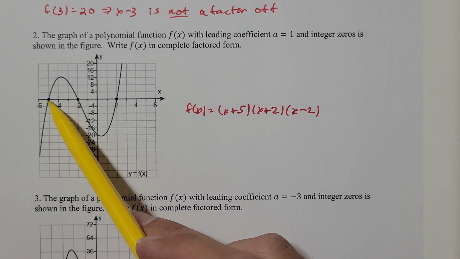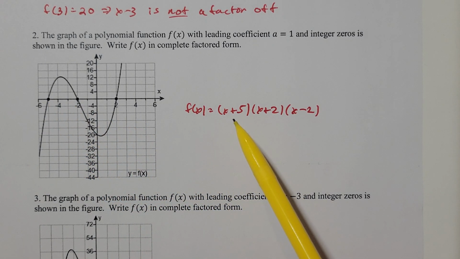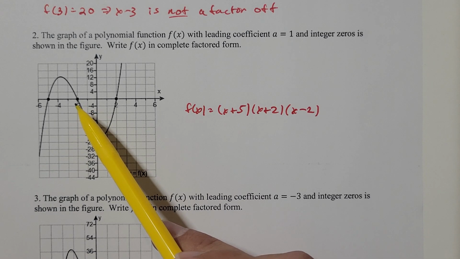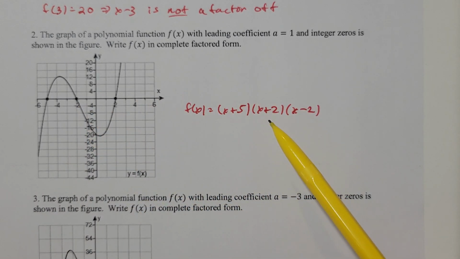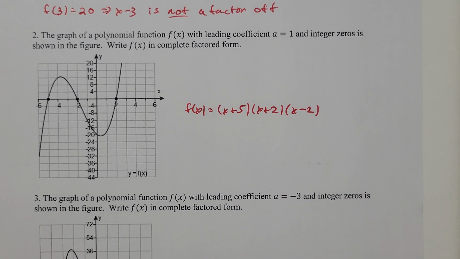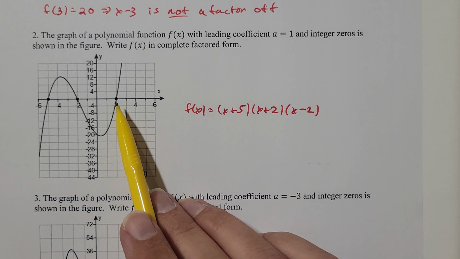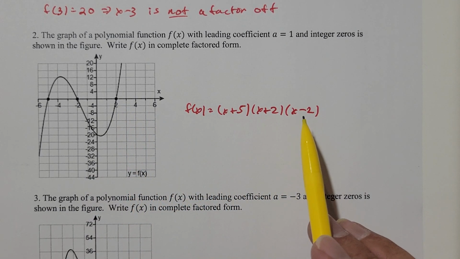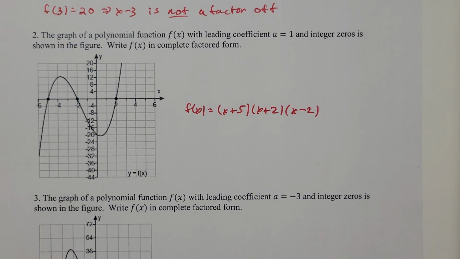Now, knowing that -5 is a 0 means that x minus -5, or x plus 5, that'd be a factor. Knowing that -2 is a 0 means that x minus -2, or x plus 2, that'd be a factor. And then 2 is the third 0, so x minus 2 would be the third factor. Okay, and that'd be the answer.